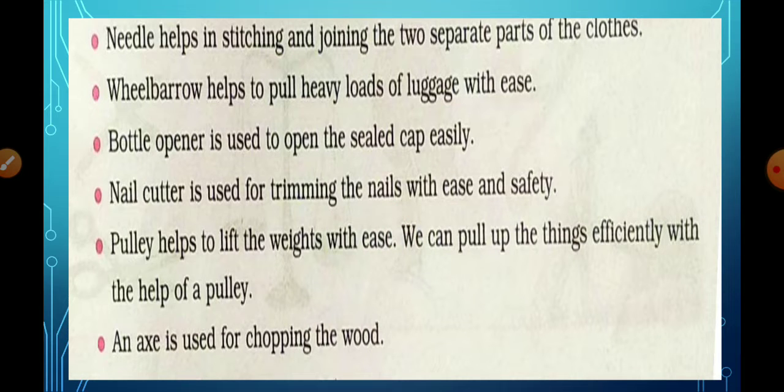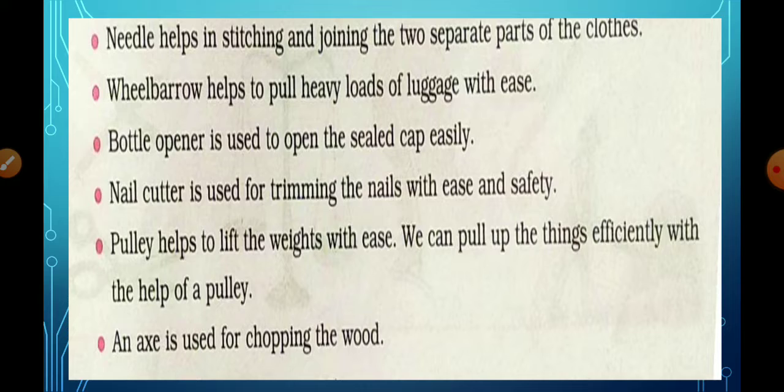Number one, needle. A needle helps in stitching and joining two separate parts of the cloth. A wheelbarrow helps to pull heavy loads of luggage with ease. A bottle opener is used to open the sealed cap easily. A nail cutter is used for trimming the nails with ease and safety.